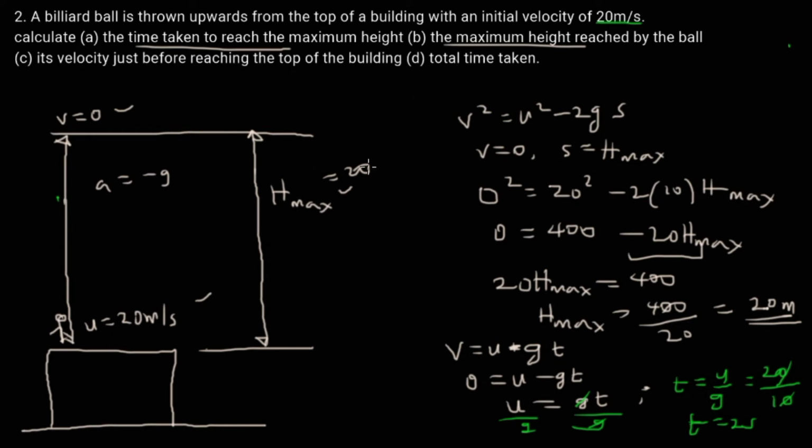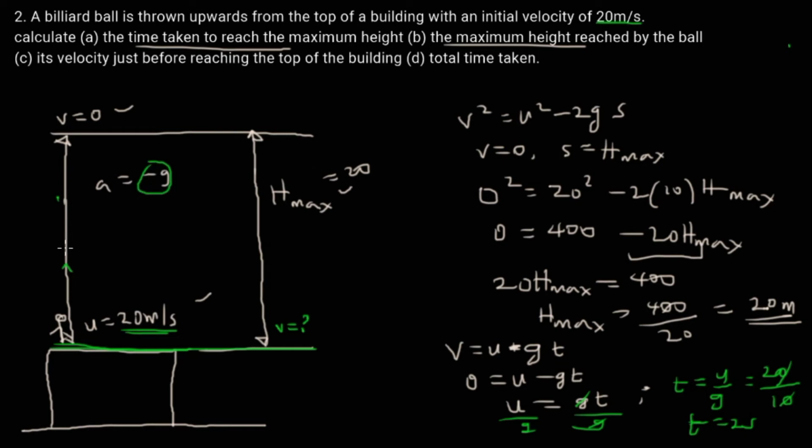Notice that the top of the building is this point. So we want to find the velocity just before reaching the ground. That's the final velocity. Notice that as this object is thrown vertically upwards, this velocity of 20 meters per second will be decreasing because the object is moving against gravity, and that's why it has negative acceleration here.